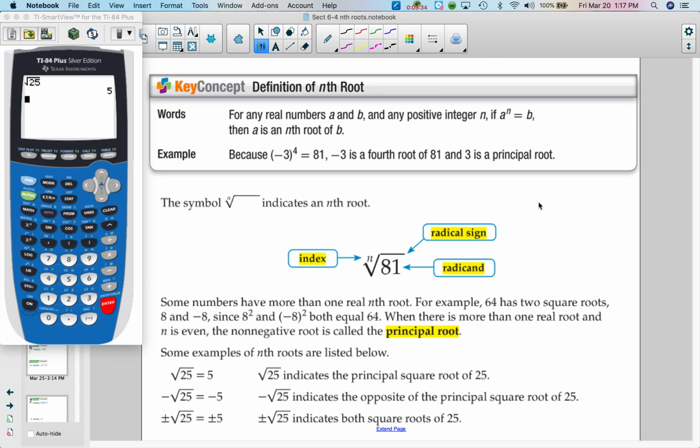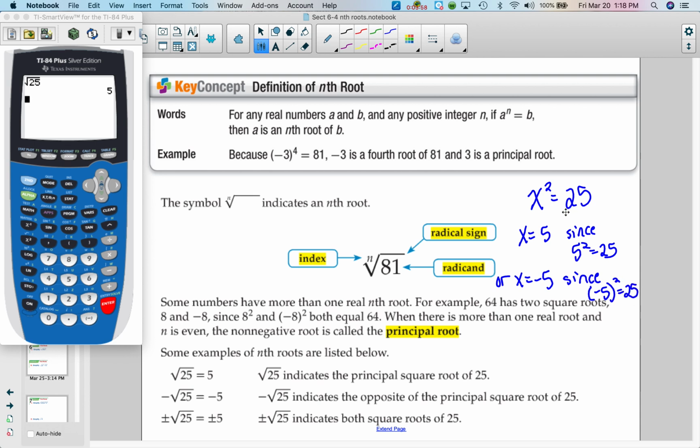If I had something like x squared equals 25 and I square root both sides, remember x could be 5, since 5 squared is 25, or x could be -5, since -5 squared equals 25.